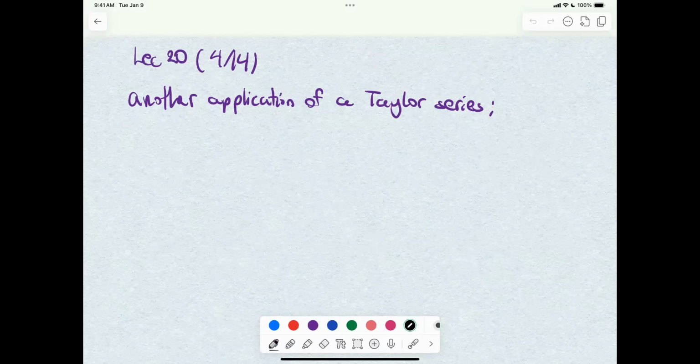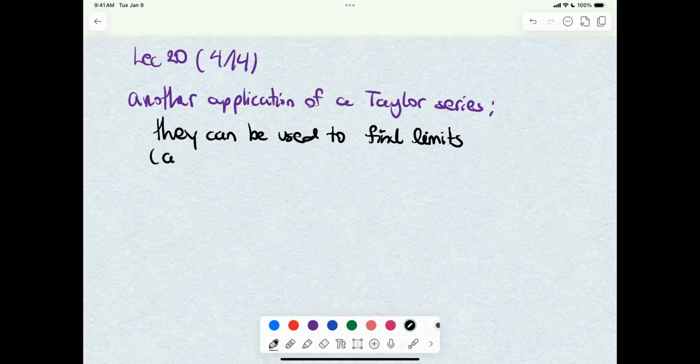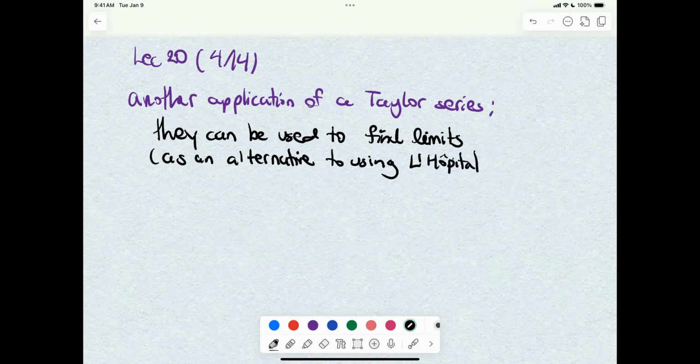So they can be used to find limits. I'll just give you a quick example, as an alternative to using L'Hopital.